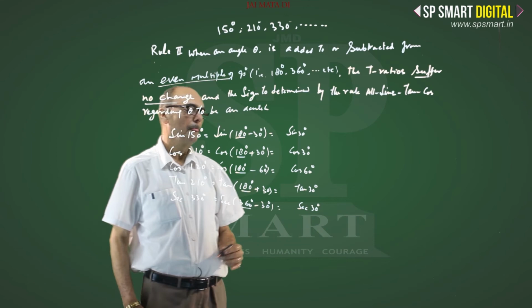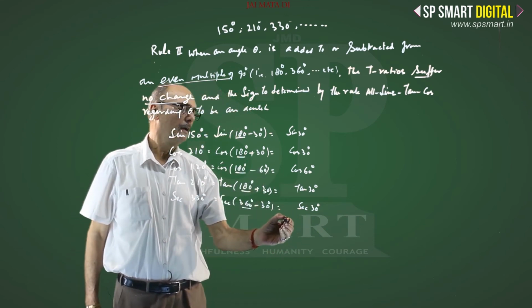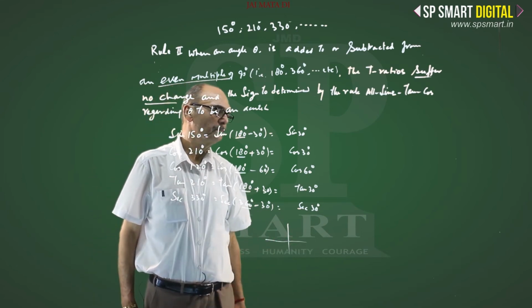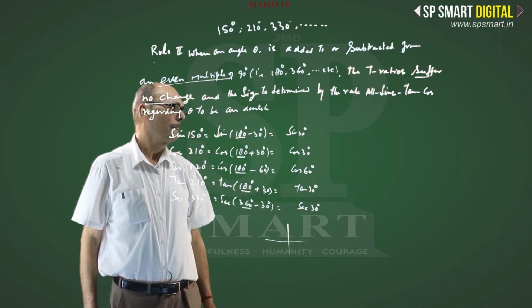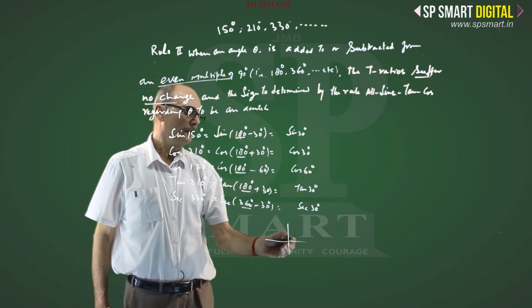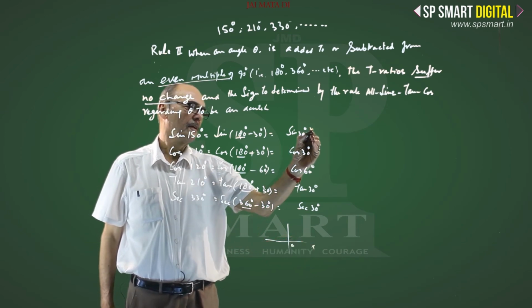But the sign depends upon the quadrant in which each one of these angles lies. Now, for instance, we have say 180 minus 30, starting from O plus x in the first case.